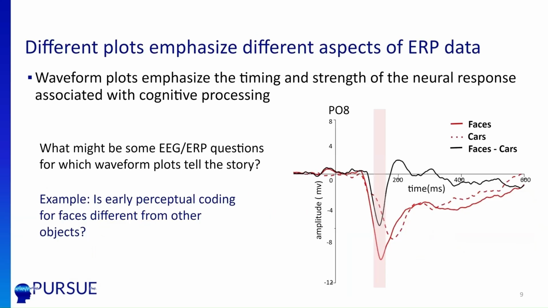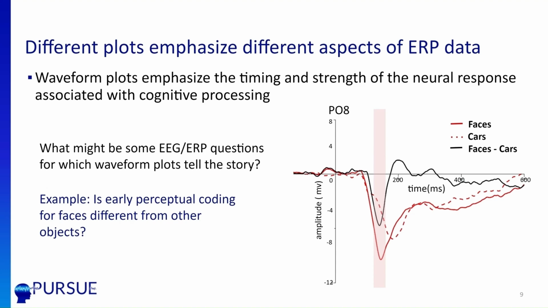The waveform plots that you are all familiar with best emphasize the timing and strength of the neural responses associated with cognitive processing. Like any other figure, waveform plots can be used to answer specific questions. So for instance, the question on the slide, is early perceptual coding for faces different from other objects, is answered by the waveform plot on the slide.